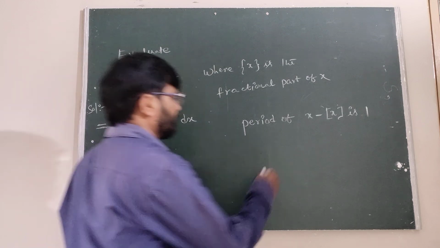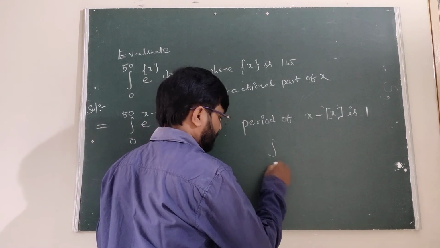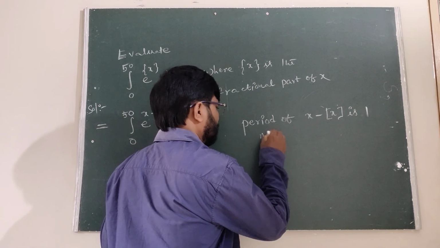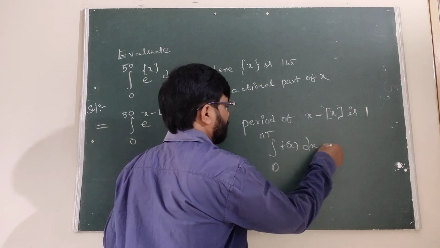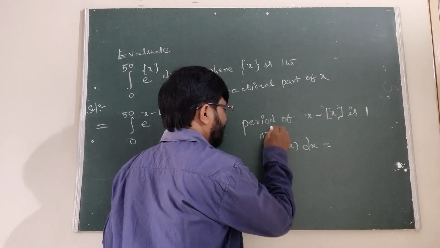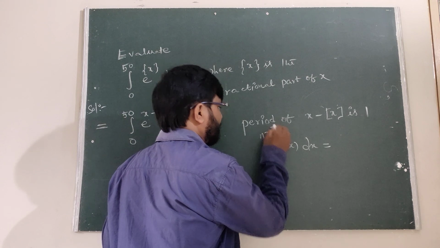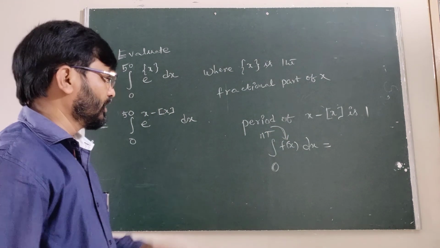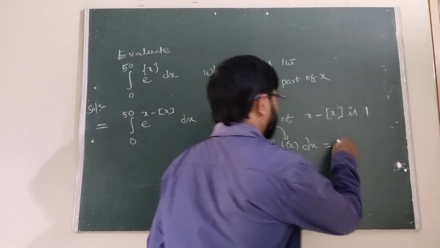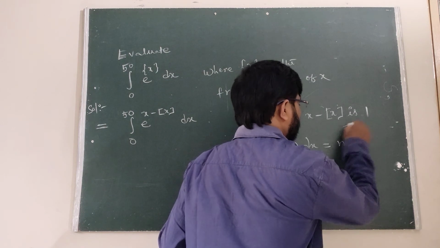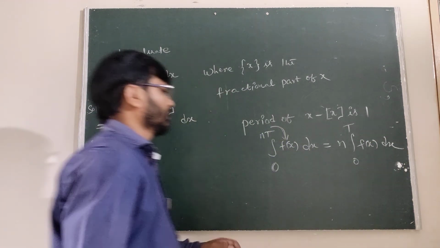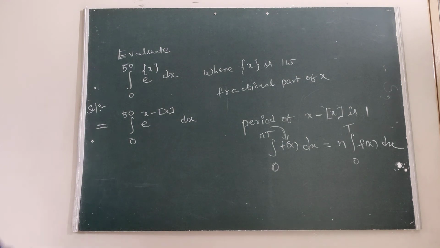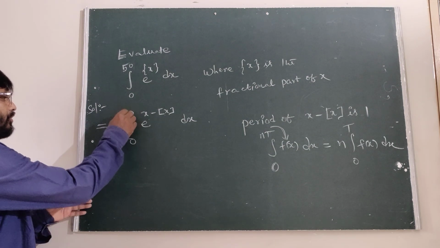Therefore we have to know that the periodic property is the integral from 0 to nT of f(x) dx, where f(x) has the period T. That is n times the integral from 0 to T of f(x) dx. Therefore, now we can write here, this is 50 into 1.